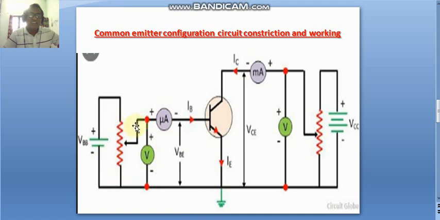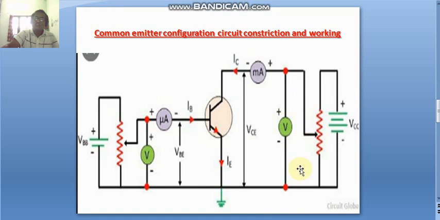This is the rheostat to vary or keep the values of voltage and current constant in the circuits, that means in input as well as output. If you come to the output, the milliammeter and voltmeter are arranged with emitter and collector, because the output is taken between collector and emitter in the common emitter configuration. The milliammeter is connected in series and the voltmeter is always connected in parallel.